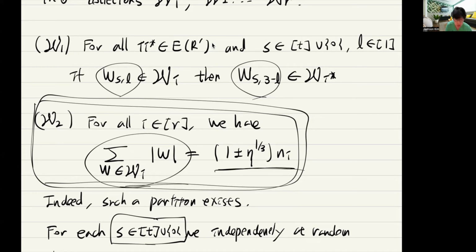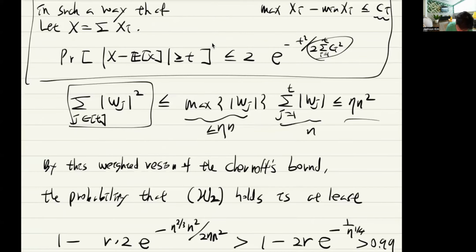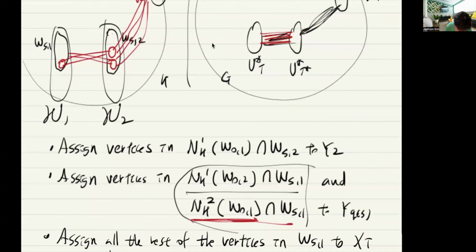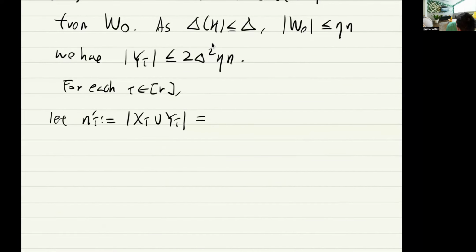So it's altered, but the number of vertices altered is at most delta square eta n, because they are all at distance 2 from W_0. So this is almost this plus some altered. So this n prime i is 1 plus or minus 1 over eta to the 1 over 4 times n_i.